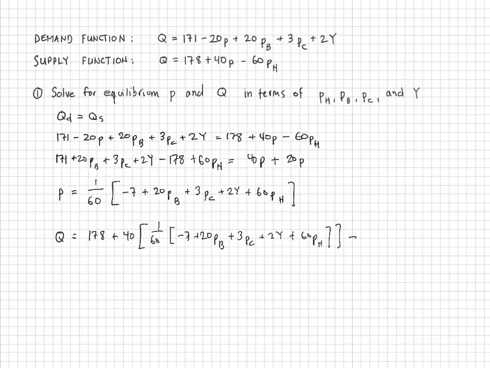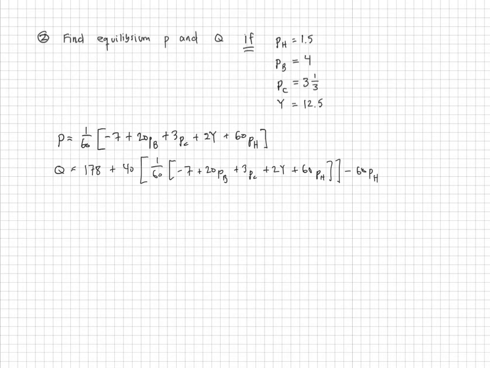Two brackets there, and then finally minus 60ph. All right, so again, I could simplify, but I'm not going to do that. I'm just going to leave it like this, and then I'm sure to not make any mistakes. So I'm going to go from here to the next question.